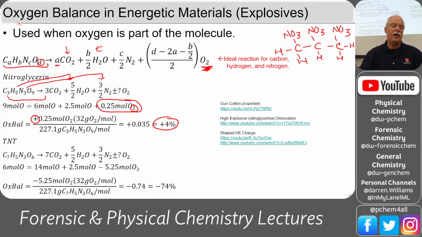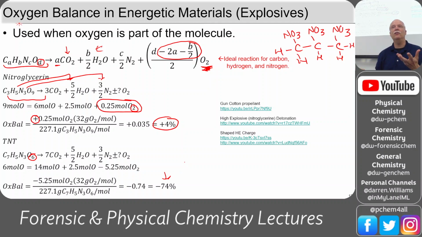TNT, we know about trinitrotoluene, it does not have enough oxygen. So when we do those calculations, these pieces are larger than D. Okay, D is only 6. And when we subtract 6 minus 14 and minus 2.5, we end up with a negative 5.25 moles of oxygen. Okay, converting that to mass and doing the ratio, we're 74% low.